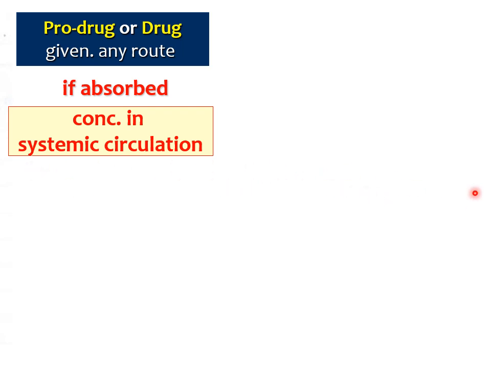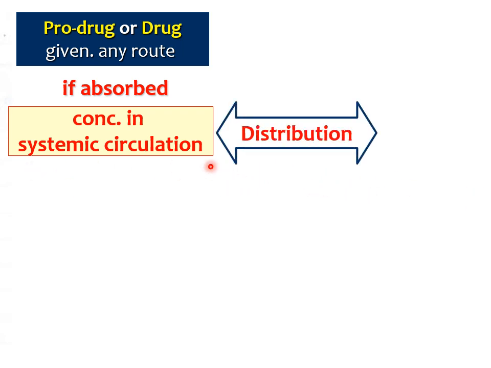From the systemic circulation, the drug or product is distributed into various parts of the body. These drugs reaching different tissues will, depending on the tissue, perform different effects.